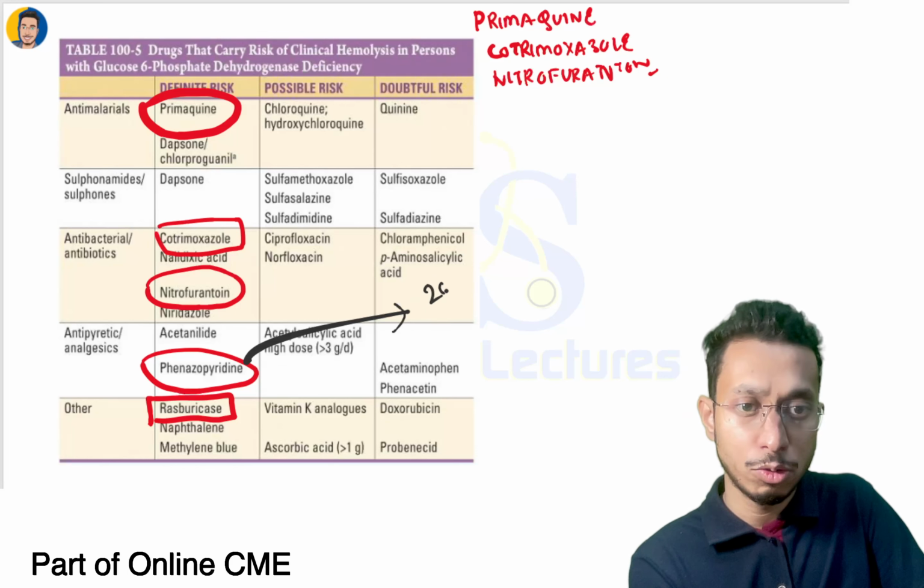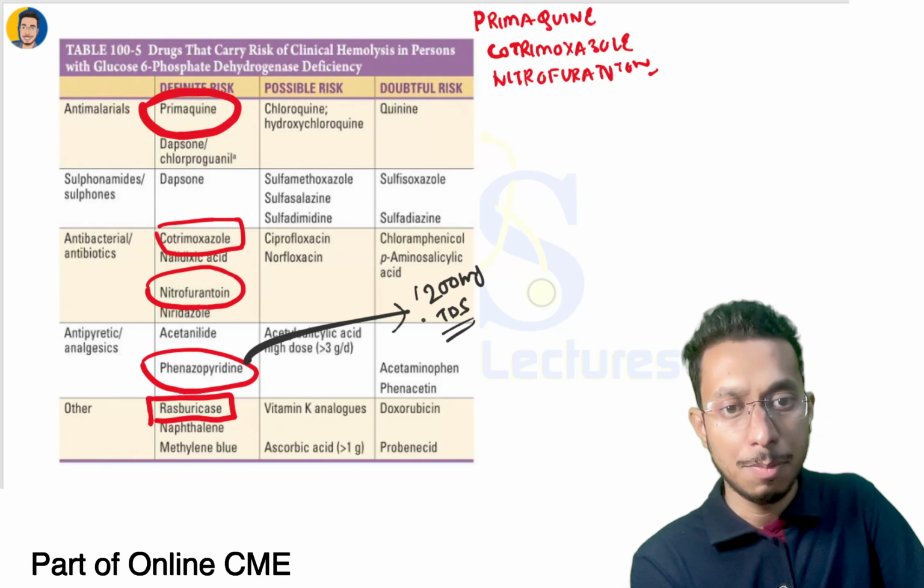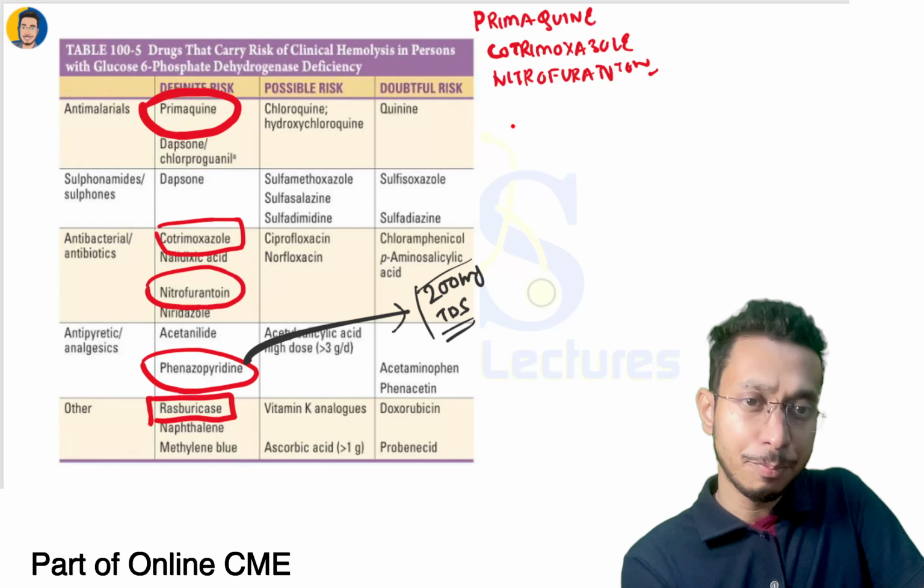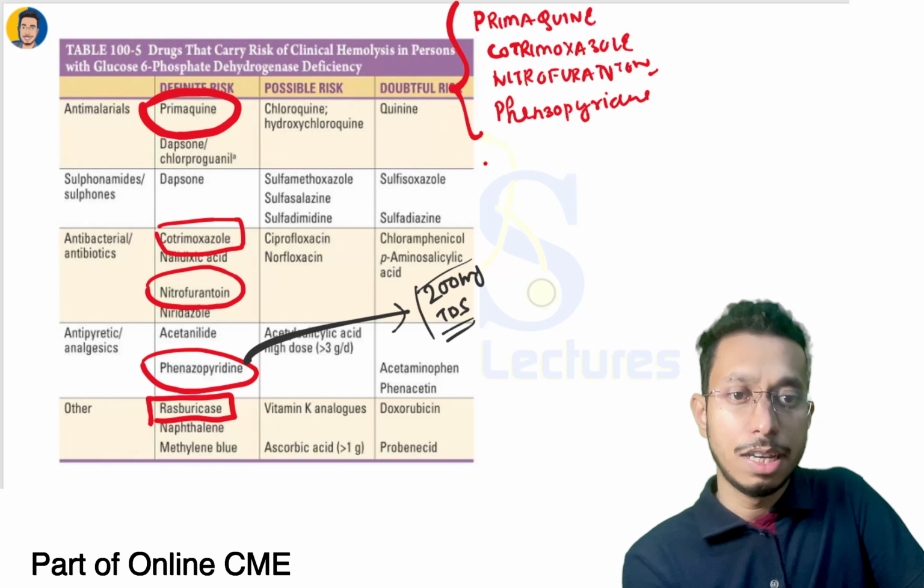It is given at a dose of 200 milligrams three times a day. Phenazopyridine is a potential trigger, and in case of TLS, rasburicase is used.